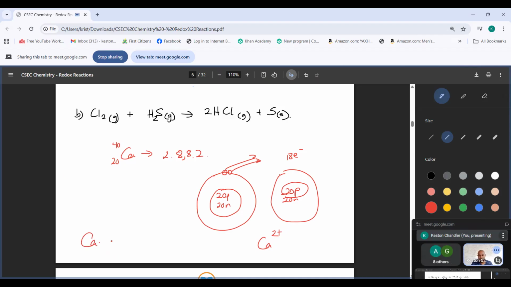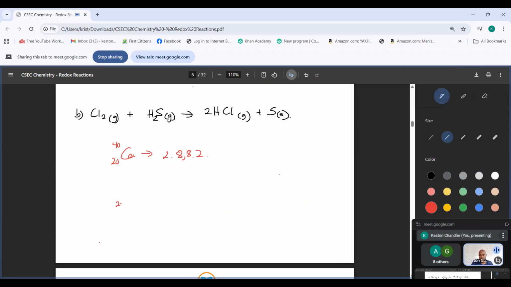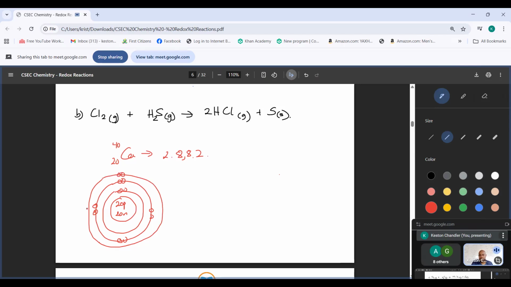If we have calcium with the same number of protons and electrons, I'm going to draw the other shells. That's why I say everything is linked together. So in the nucleus, you have 20 protons, 20 neutrons. This is the calcium atom here, right? The first shell has 2 electrons. The second shell has 8. The third shell has another 8.